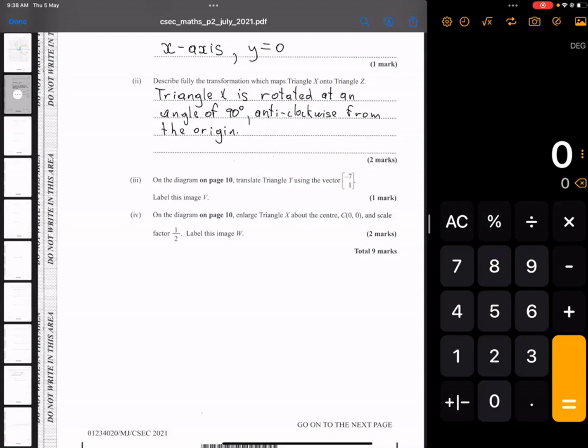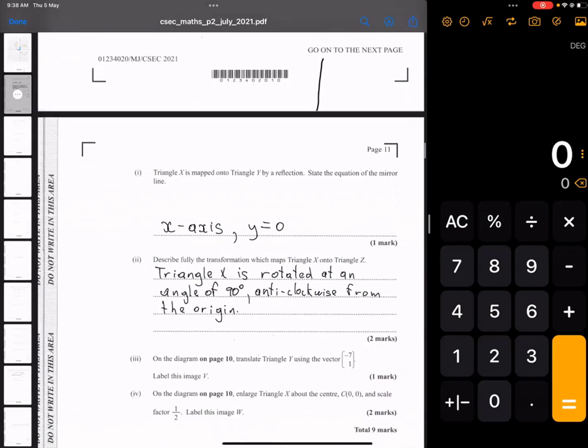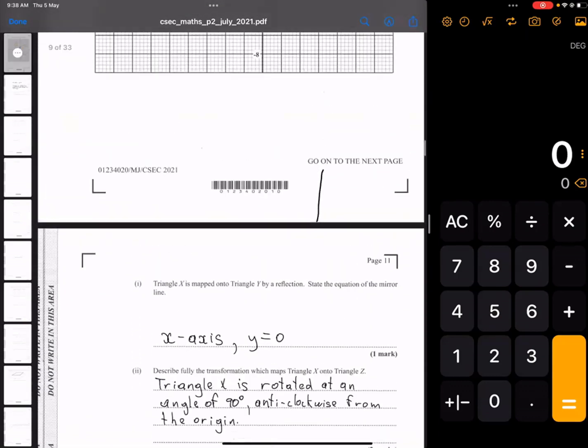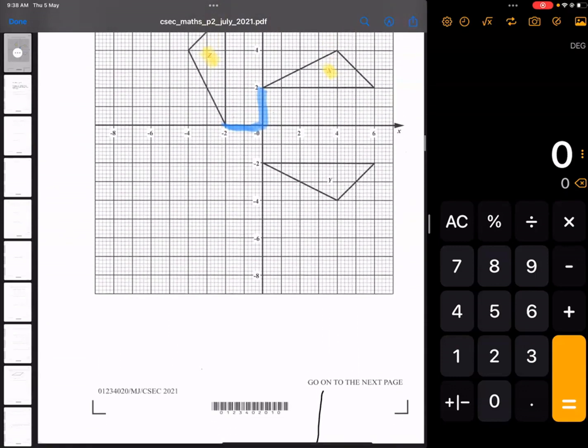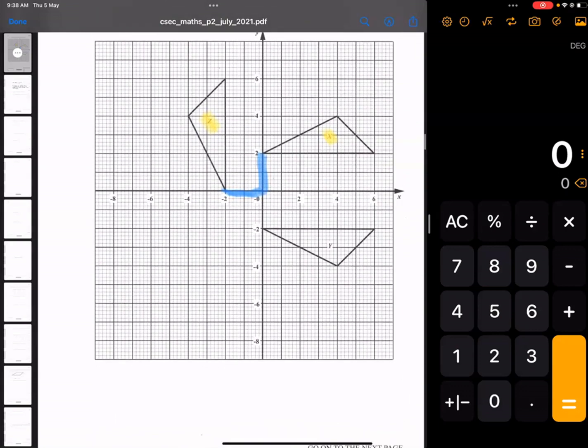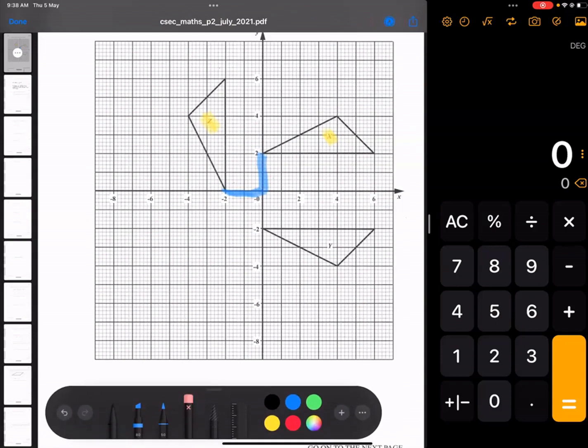You look at the top number, -7, as X and the bottom number, 1, as Y. For all your X and Y values for triangle Y, you simply use those numbers to get your new points. Let me just erase this.